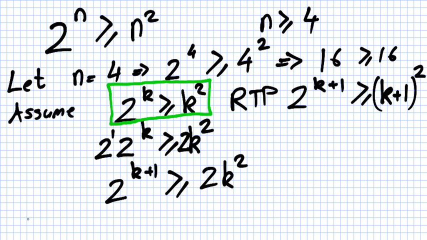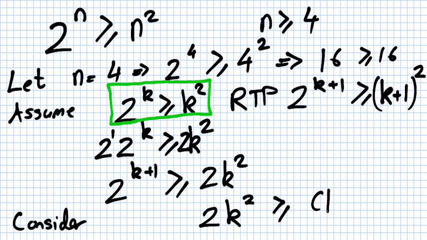Now what we try to do next, we consider the claim that 2k squared is bigger than or equal to k plus 1 squared.